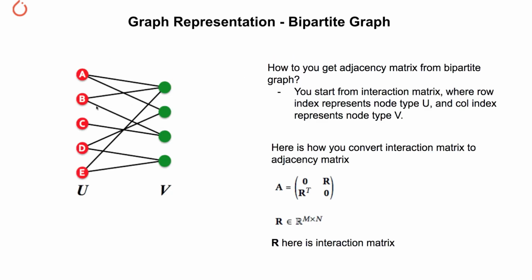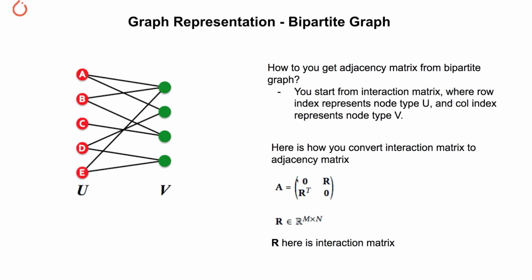So how do we do that? The way to do it is you start from this thing called the interaction matrix, where the row index represents one type of node and the column index represents the other type of node. Then you do this conversion as follows to convert your interaction matrix into an adjacency matrix.